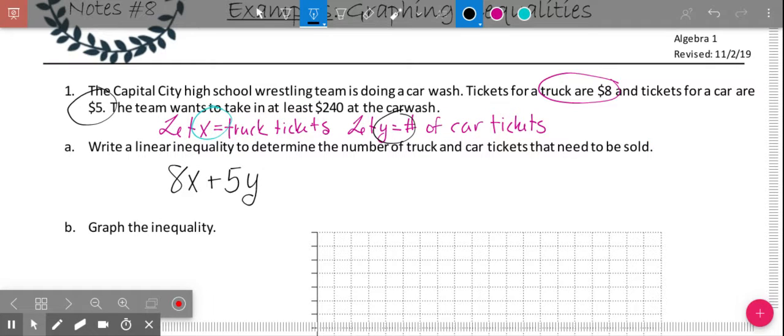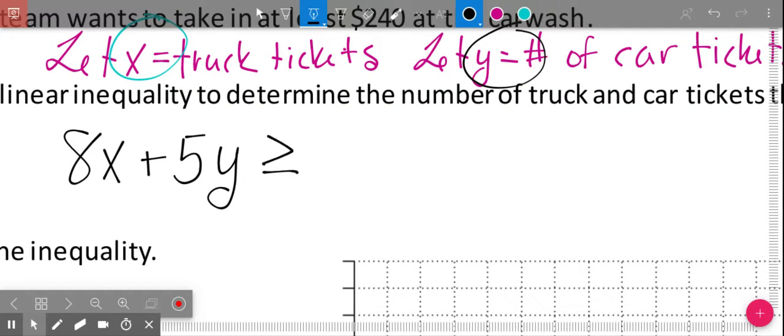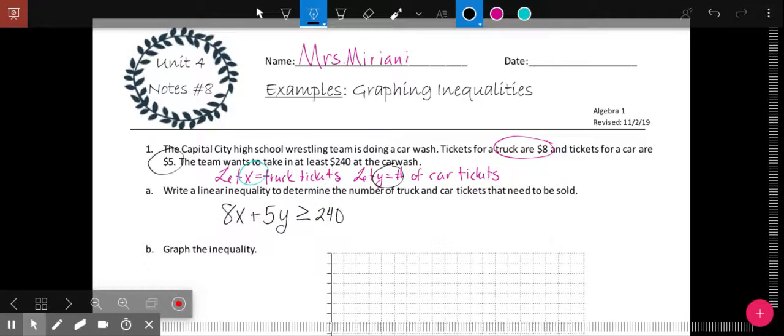Now, we want to take in at least $240. If we want to take in at least that amount, that means we can actually gain more than that amount, and that'll be great. So greater than or equal to 240.